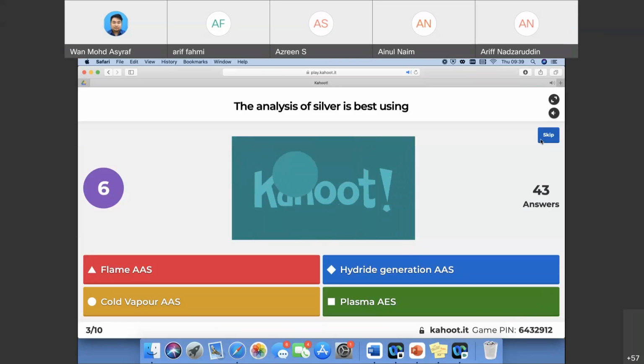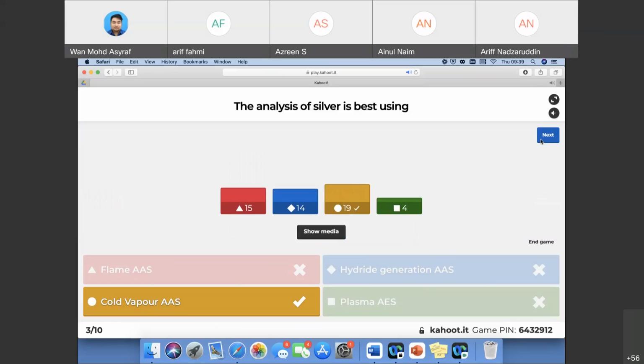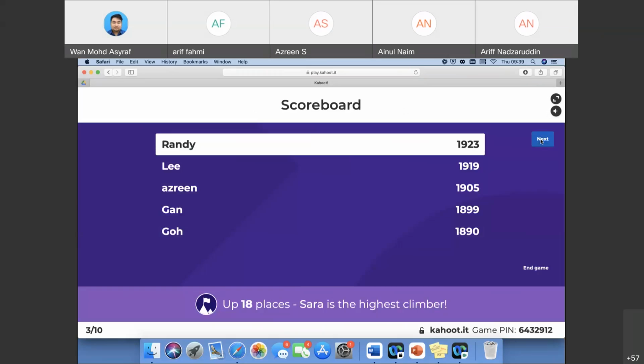Tak apa. Alright, so the correct answer is cold vapor, okay? Sorry saya salah soalan. So the analysis of mercury is best using cold vapor AES, yeah? So Azrin is leading now. Alright.